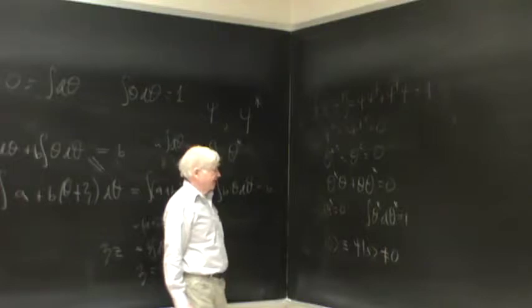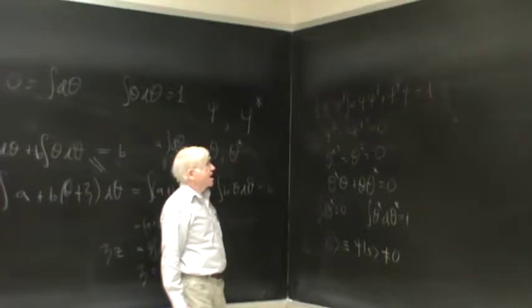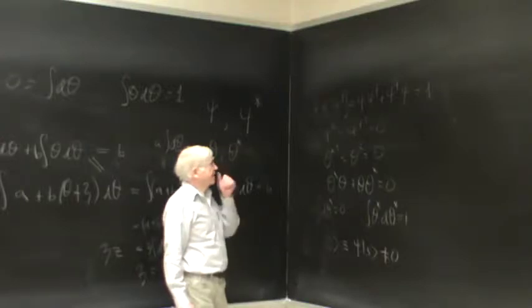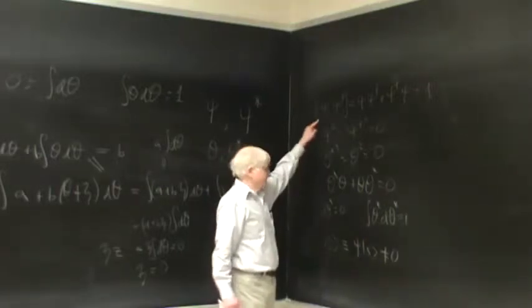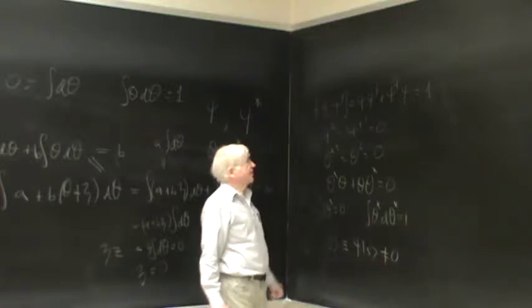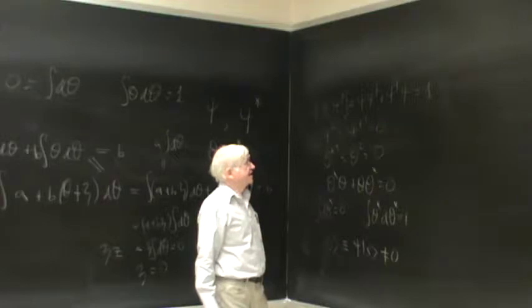Actually, now that I think about it, I'm a little puzzled here, because if I take the mean value of this thing in the state 0, I'm going to get 0 on the left-hand side and 1 on the right-hand side.